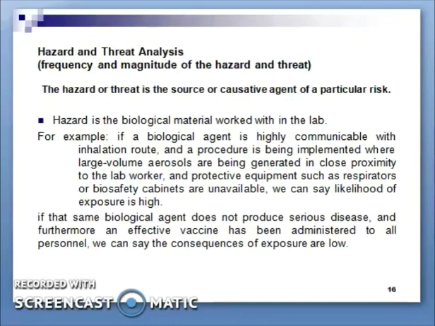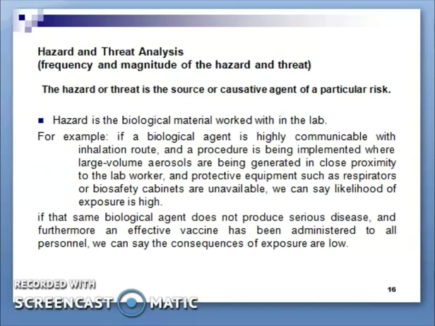Now, analysis of the hazard and threat. Actually this is the frequency and magnitude of the hazard and threat. Hazard is the biological material worked with within the lab. So we are here analyzing the hazard and threat. How are we doing that?